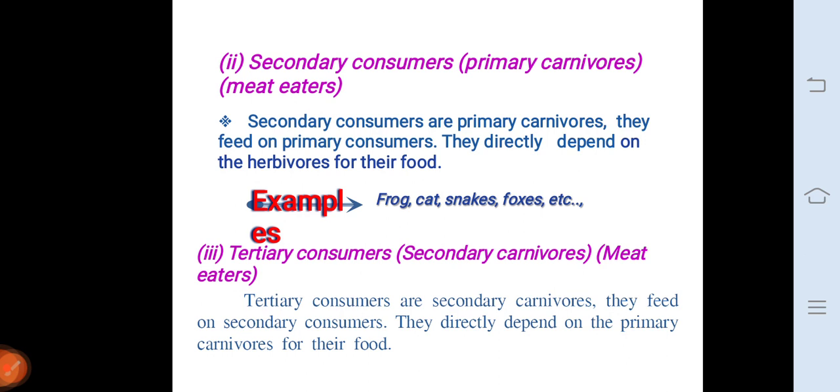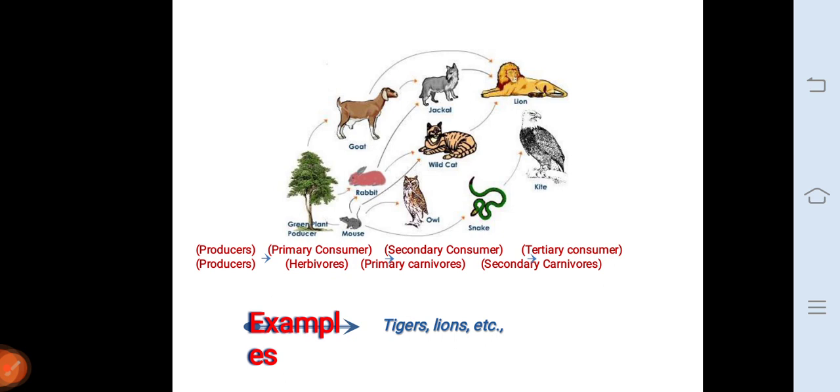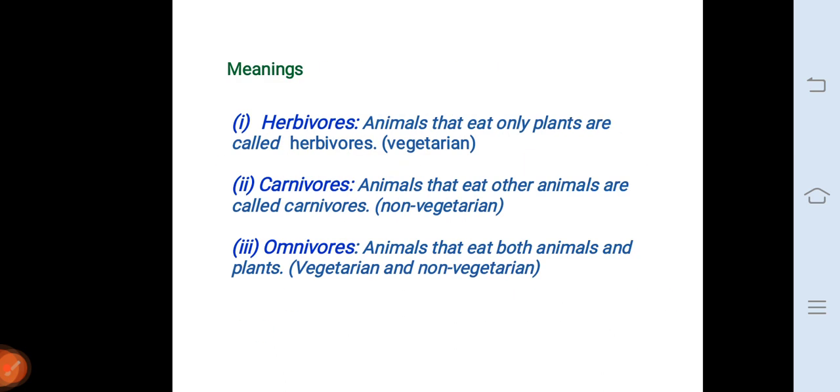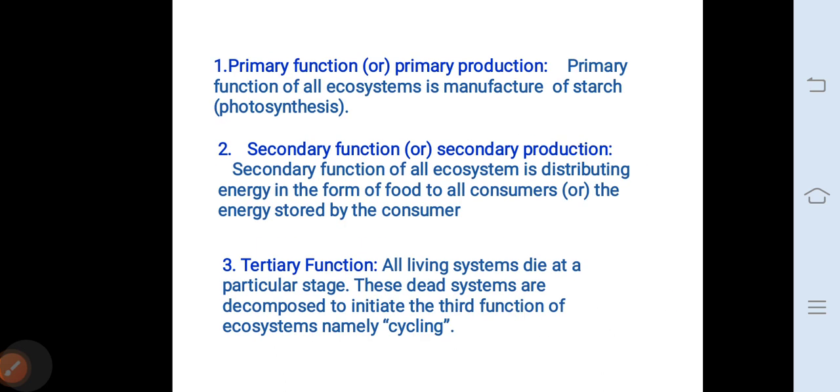Next, functions of an ecosystem. There are three functions in the ecosystem. The primary function, or primary production, is the manufacture of starch during photosynthesis. The secondary function is that the ecosystem distributes energy in the form of food to all consumers, or the energy stored by the consumers. The third function is the tertiary function. All living systems die at a particular stage.